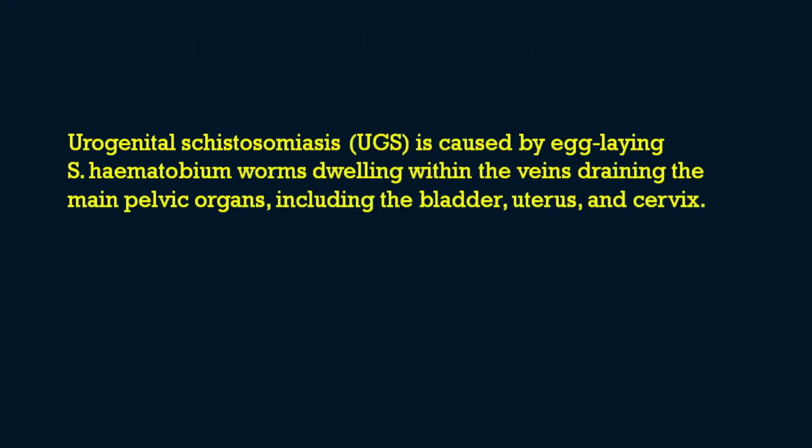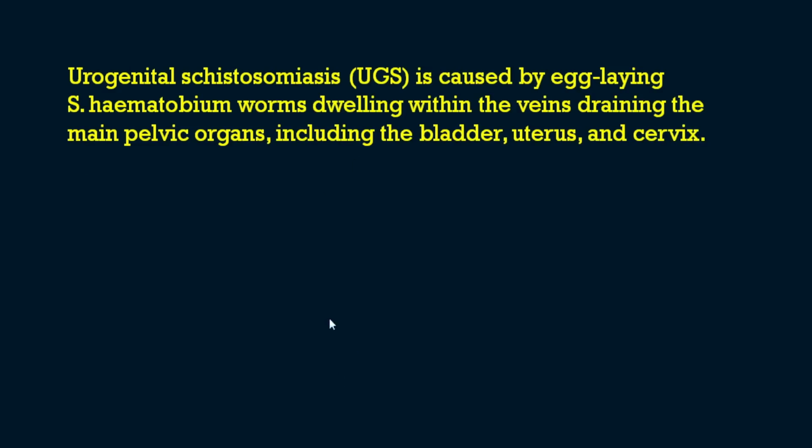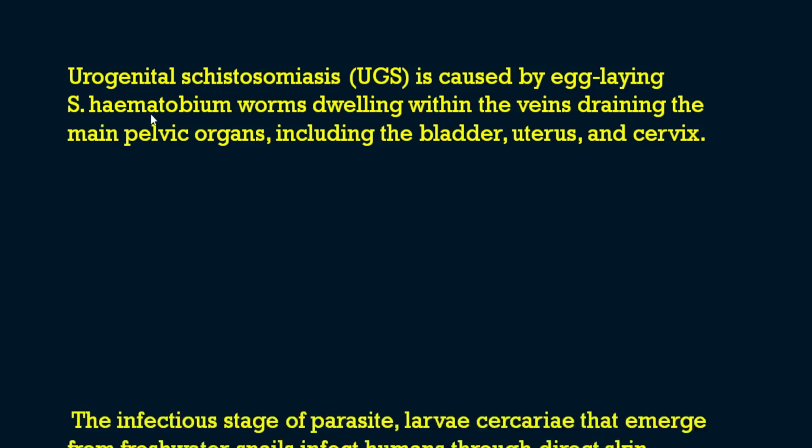You know that urogenital schistosomiasis, or UGS, is caused by egg-laying Schistosoma haematobium worms dwelling within the veins draining the main pelvic organs including the bladder, uterus and cervix. Please keep in mind that urogenital schistosomiasis is caused by Schistosoma haematobium.